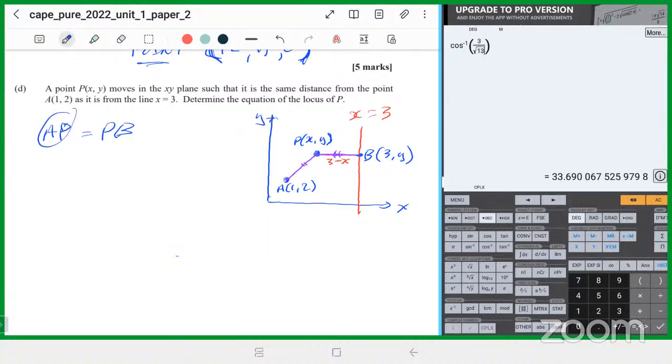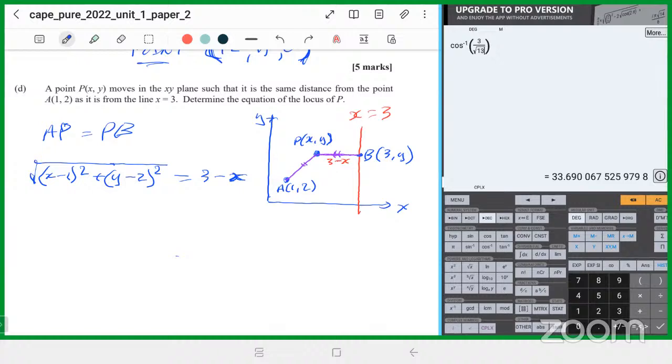So it becomes the square root of the difference in x squared, which is x minus 1 squared, plus the difference in y squared, y minus 2 squared. And that is equal to PB, which is equal to 3 minus x. That's a locus right there. So, determine the equation of the locus. See there? That is it.